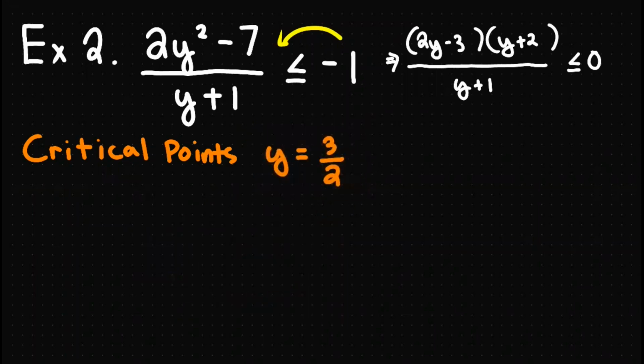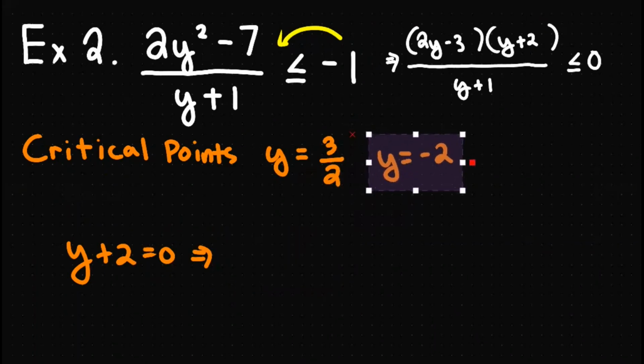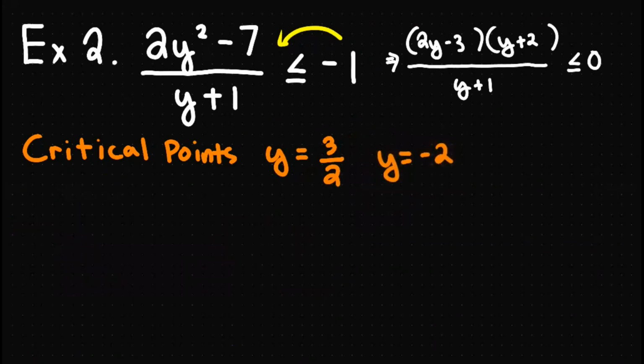Next, we have y plus 2 equals 0, and that will give us y equals negative 2. For the last one, y plus 1 equals 0, or simply y equals negative 1.